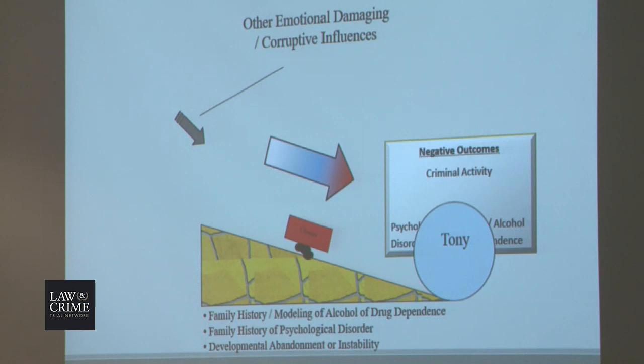So this model, I think, visually illustrates what I was talking about yesterday when I say this is why these childhood experiences, and this is why the research is so relevant, because it put him on an unstable foundation with no protection in place and negative influences pushing him toward negative outcomes.